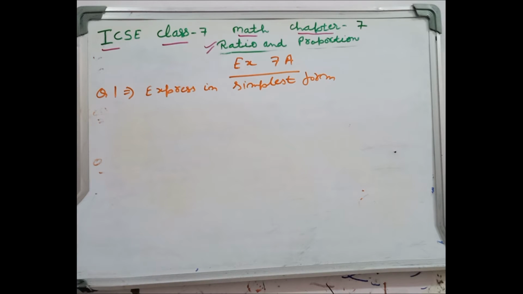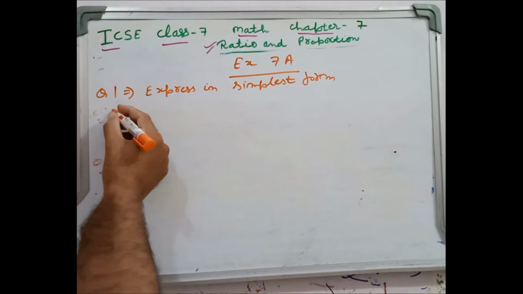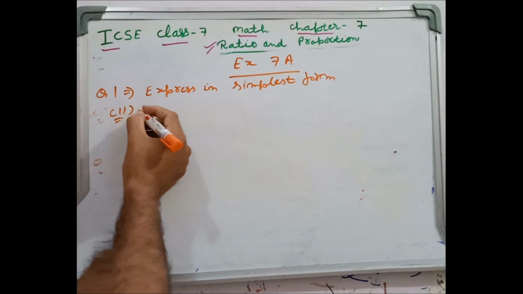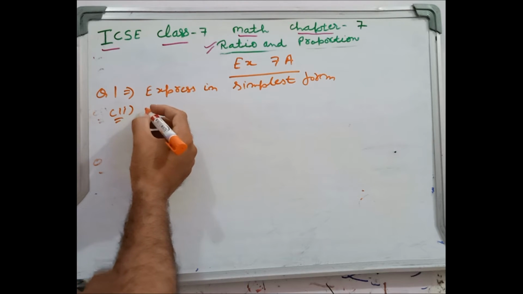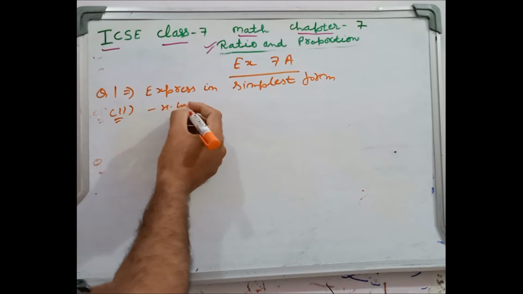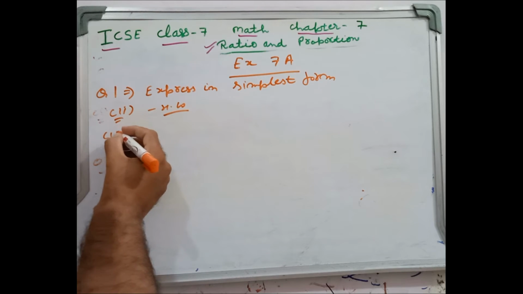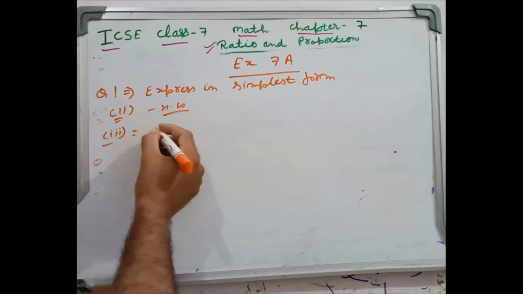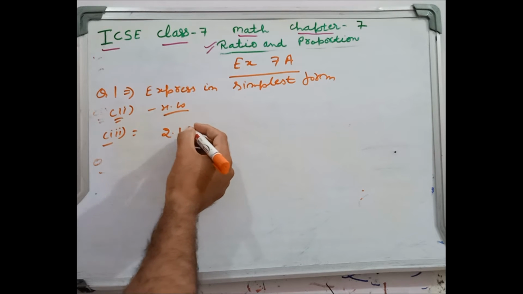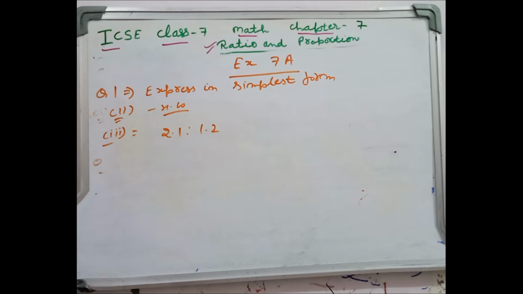Now, the first is done, second is your homework. Second homework, do it. Now we will move on to the third: 2.1 ratio 1.2.